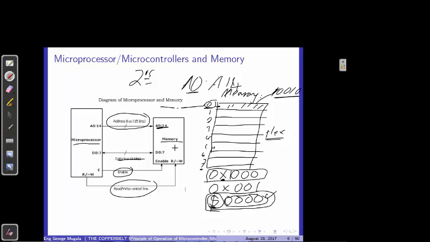It could be the ROM, the EEPROM, or the SRAM, or other types of memory. We need to enable a particular memory unit for that unit to be worked with at a particular time by the microprocessor. And then we have the read-write control line. Are we reading? Are we writing? That is also needed.